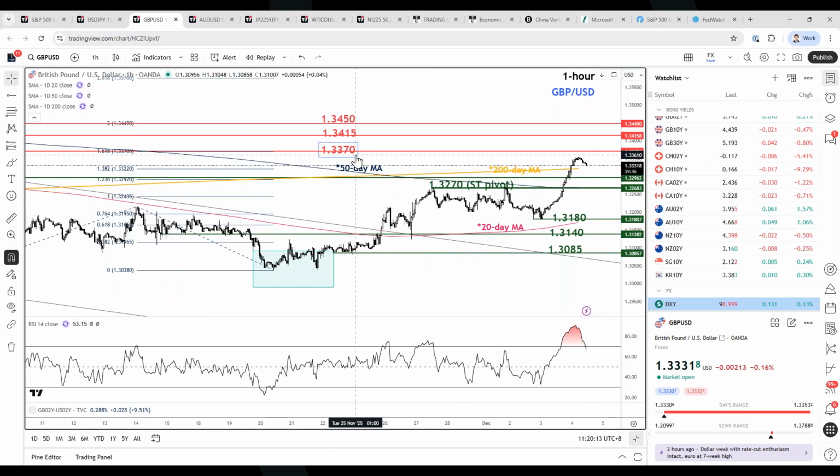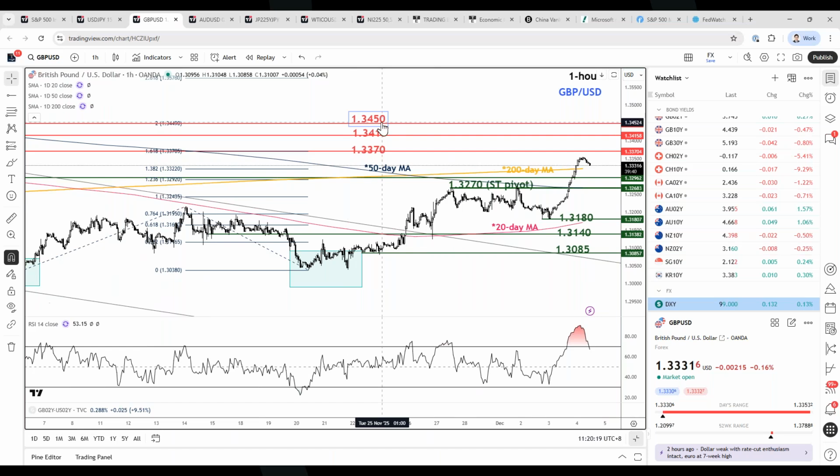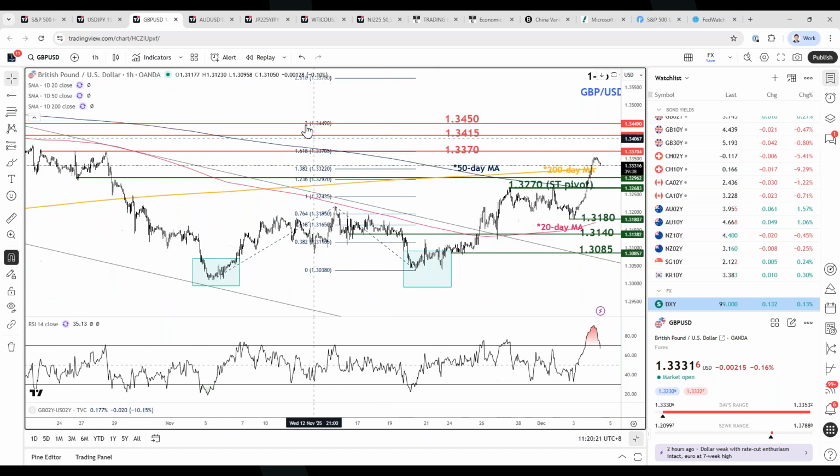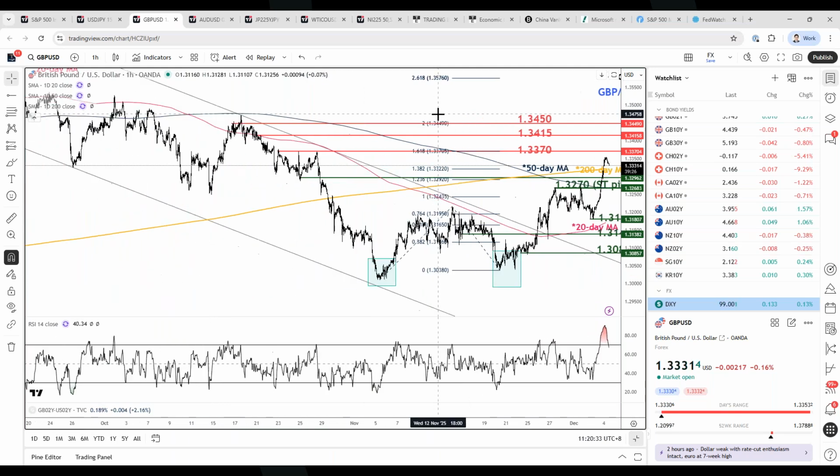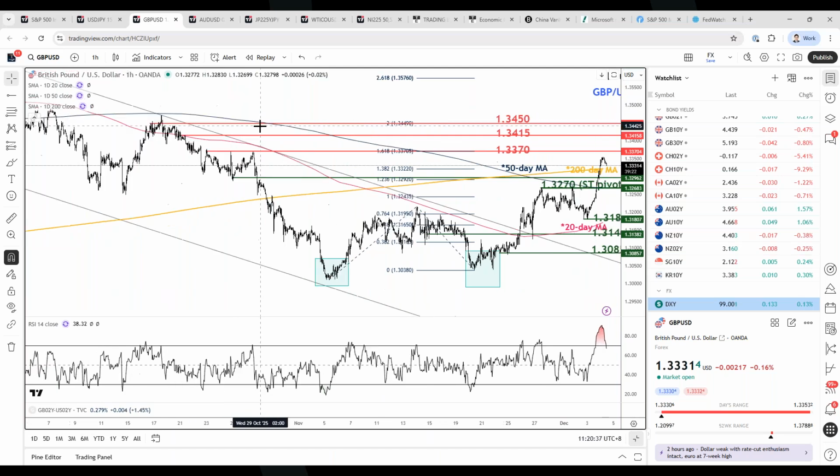After 1.3370, the next two resistance levels to look out for will be 1.3415, followed by 1.3450, which is the 2-time Fibo extension of this ongoing minor bullish impulsive sequence that has taken shape since the low of 5th of November. And this 1.3450 is also in confluence with the minor swing high area of 16th of October and 17th of October.